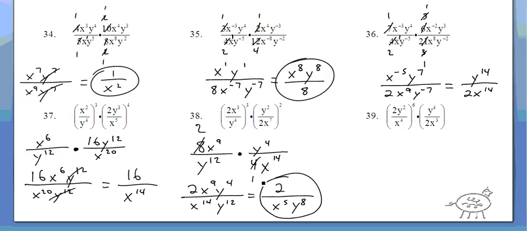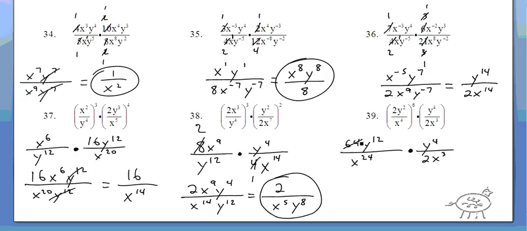Okay, last problem. Again, just multiply it out. So it's 2 to the 6th power, which again, use your calculator, I don't care, but it's 64. y to the 12th over x to the 24th. And that's times, now there's no exponent there, so you just rewrite it. y to the 4th over 2x cubed.